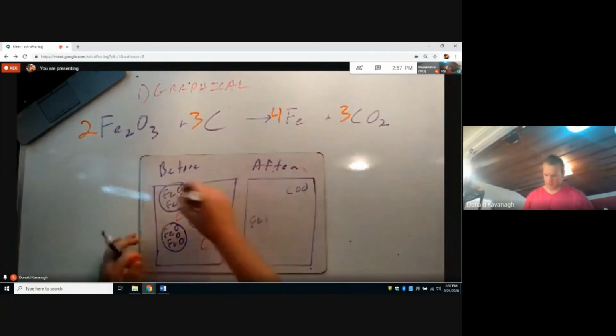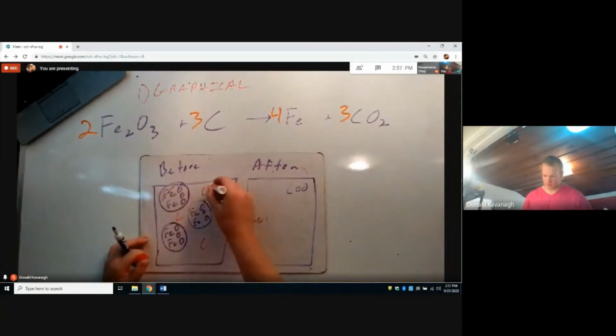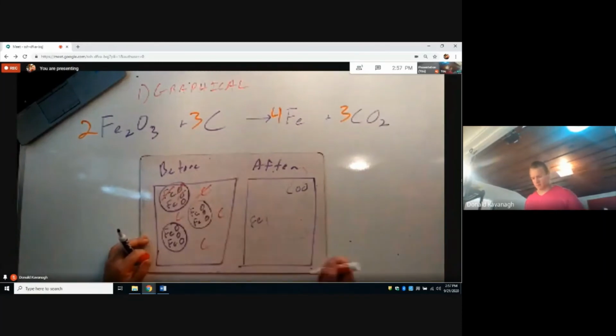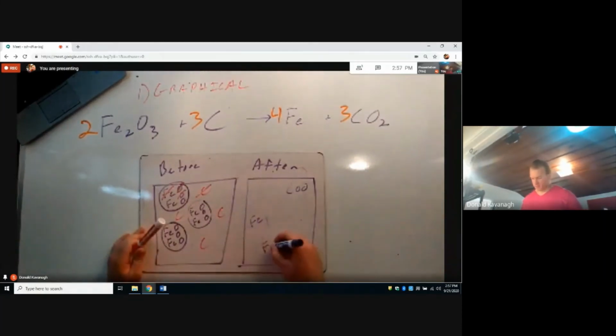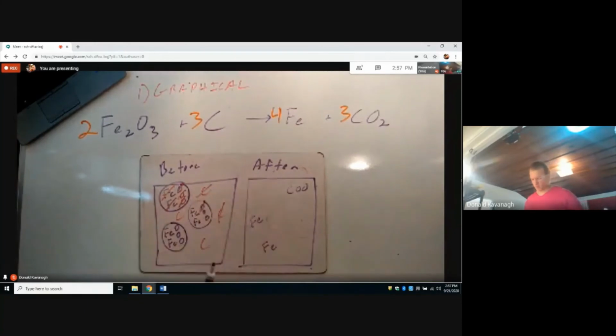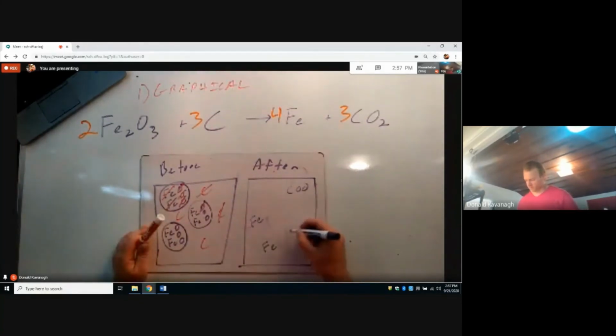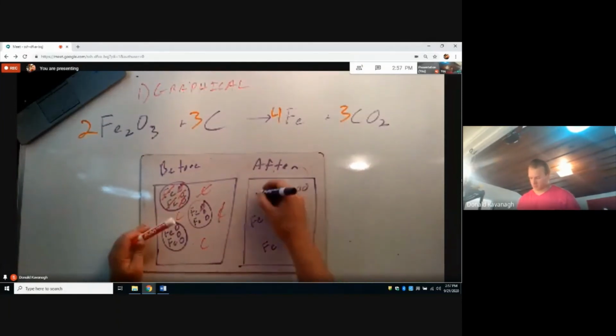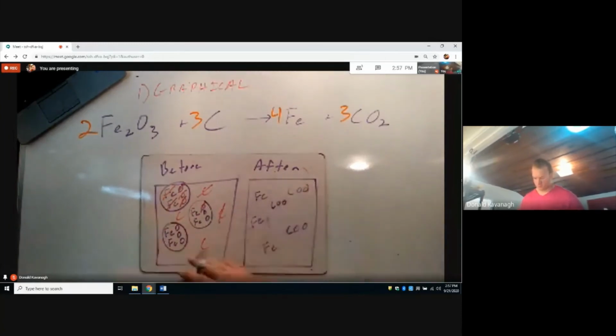So that uses up an iron and a CO2. Make another iron and a CO2. Let's make another, whoops, there's our other CO2. One more iron and CO2.